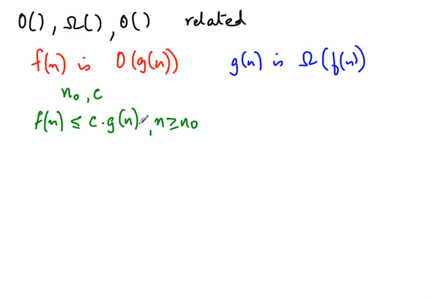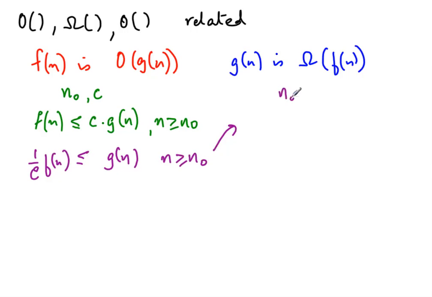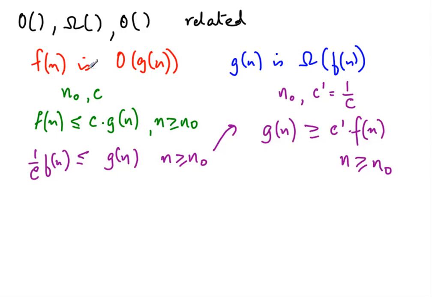This is the definition of big O. Now supposing we take this to the other side, then we get that g of n is bigger than or equal to 1 over c times f of n for all n greater than or equal to n0. So we can say there exists an n0 and a constant c prime, which is 1 over the old c, such that g of n is greater than or equal to c prime times f of n for all n greater than or equal to n0. In other words, if f of n is O of g of n, then g of n is omega of f of n, and conversely.